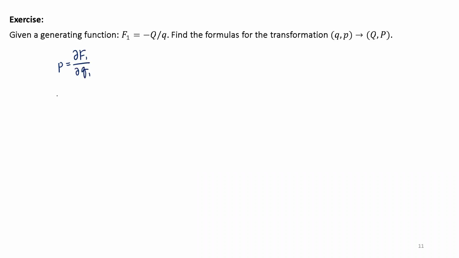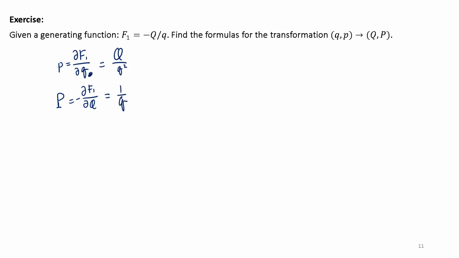And for the other, just to distinguish the capital P from the small p, I'm going to add a line at the bottom of the capital P, equals minus partial f1 partial capital Q. The first one gives you capital Q divided by q squared. And the second one just gives you 1 divided by q.